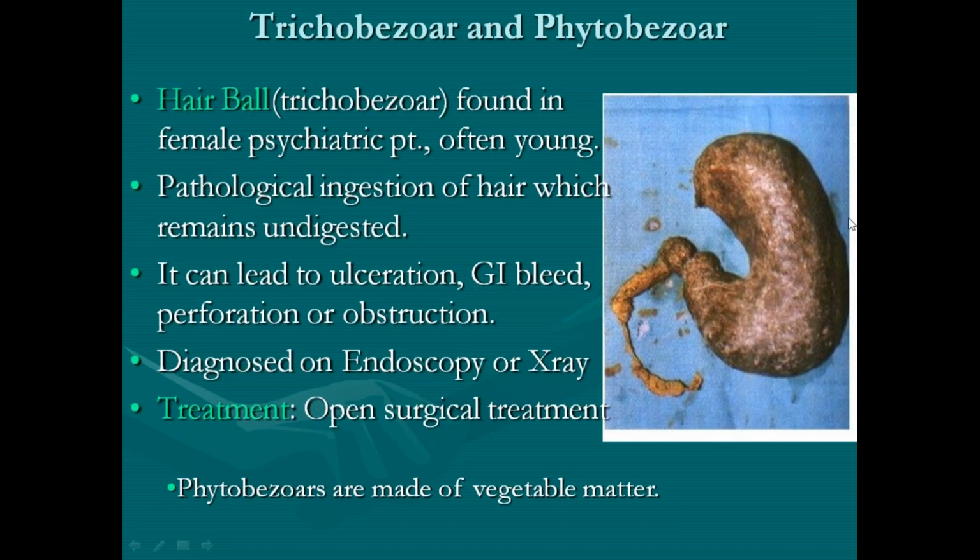Psychiatric illness patients usually ingest hair. Pathological ingestion of hair remains undigested, and it obstructs the lumen of the stomach. So it can lead to ulceration, it can present as GI bleed, it can perforate, or it can cause obstruction.